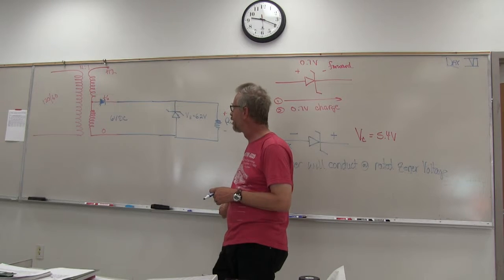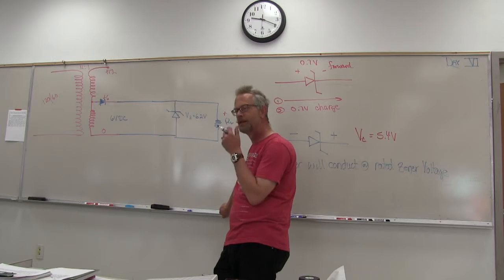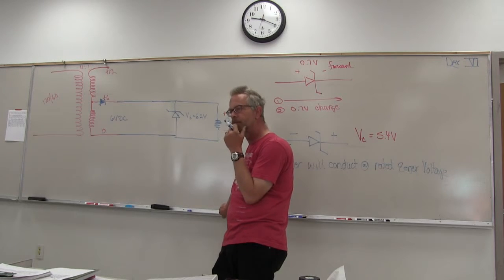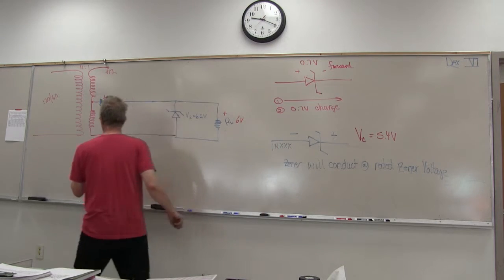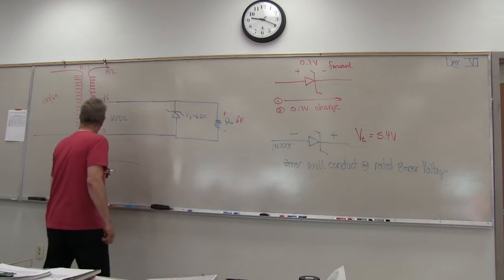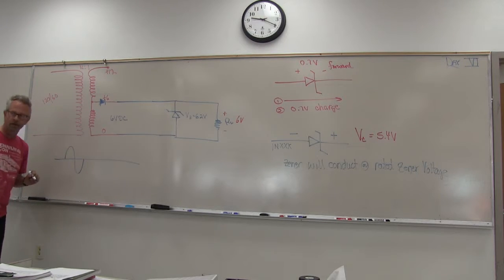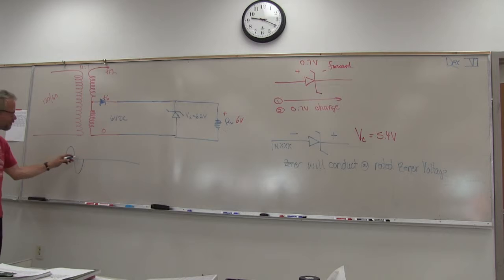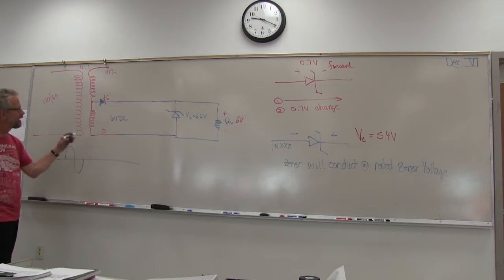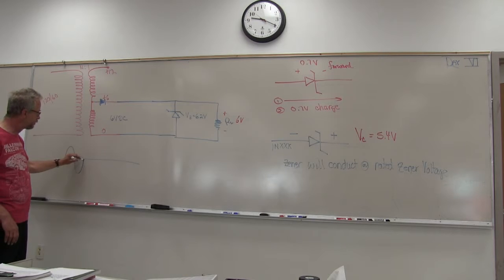If current is only flowing in one direction, what do we call that? Forward bias? No. In other words, at the beginning of the diode, we have this. Okay, right? The diode only allows current to flow in one direction.